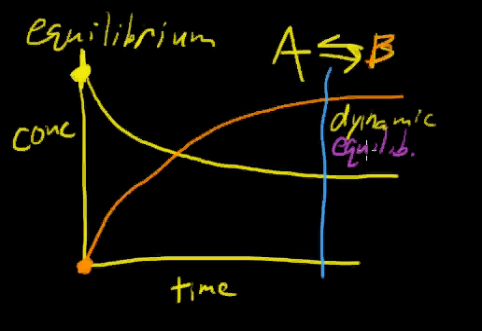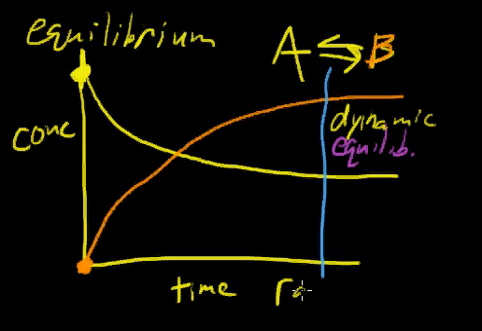So if we have dynamic equilibrium, that means that we don't just have the substances sitting there doing nothing. We actually have changes occurring, but substance A is becoming B at the same rate that substance B, our product, is going back and becoming substance A. This concept of dynamic equilibrium is a very important one in chemistry, and it's the point at which the rate of change of substance A equals the rate of change of substance B becoming A. The forward reaction rate equals the reverse reaction rate.